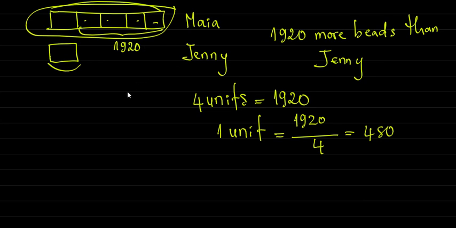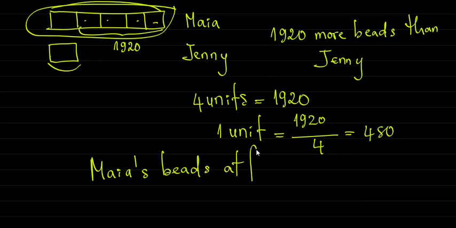So in order to find the bits that Maya had at first, Maya's bits at first is equal to 5 times 480 because she has 5 units in the end after use.